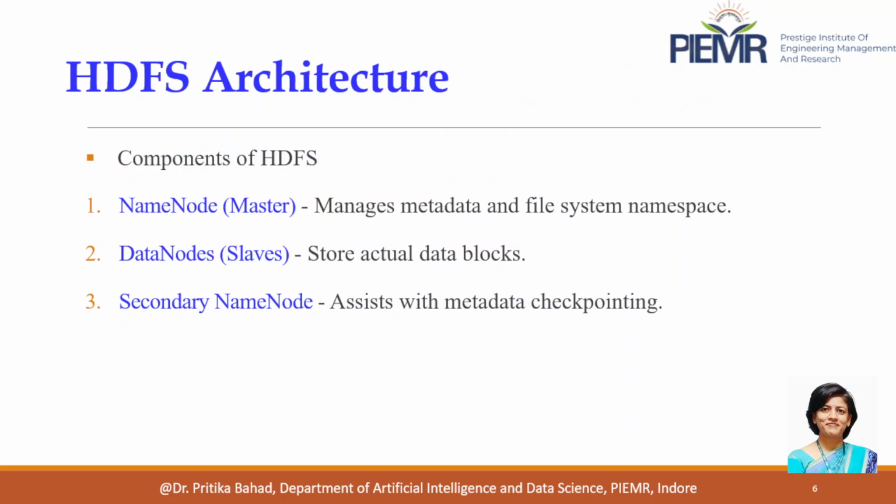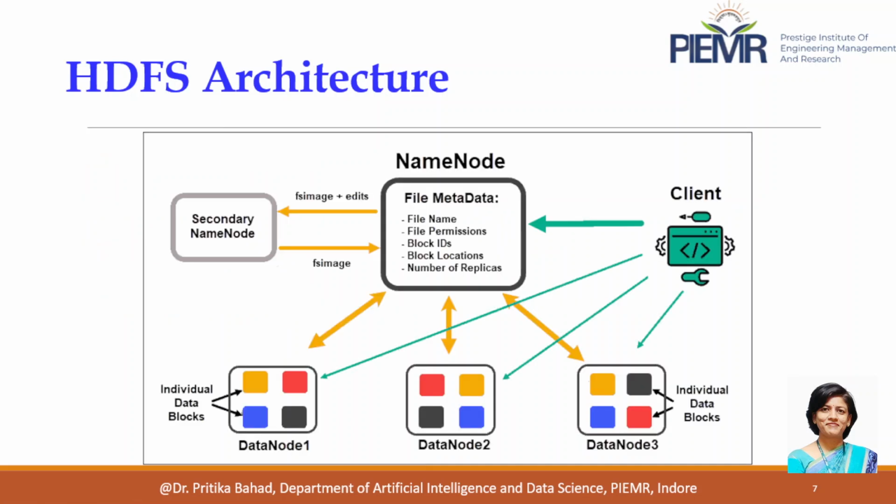Components of HDFS can be classified as name node, which is the master node that manages metadata and file system namespace, data nodes that are the slaves which actually store the data, and the secondary name node which helps us to store the metadata and keep the checkpoints.